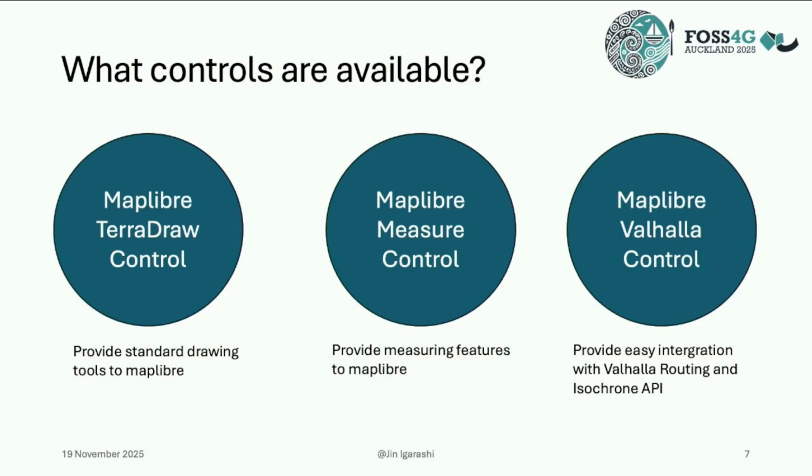The second one is the measure control; you can bring a measuring feature to MapLibre easily. And the last one, which I recently added, is a control to integrate with the Valhalla API. It provides integration with Valhalla routing and isochrone APIs.